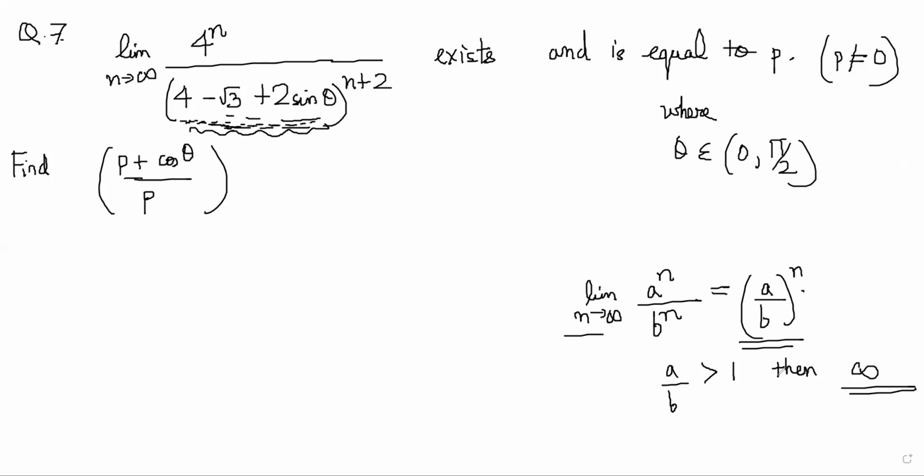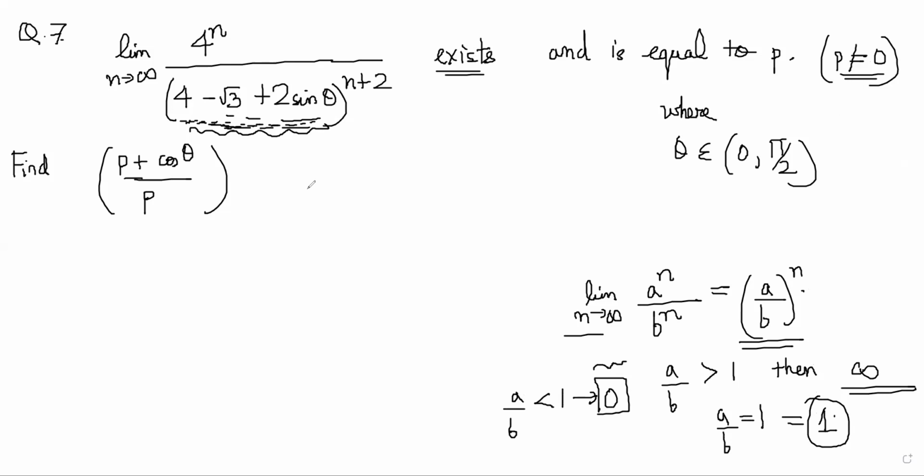If a by b is less than 1, the limit is 0. And if a by b is equal to 1, the limit is 1. So the only possible values are 0, 1, and infinite. Infinite is not possible because it says the limit exists. And the limit being 0 is not possible, since p is not equal to 0.